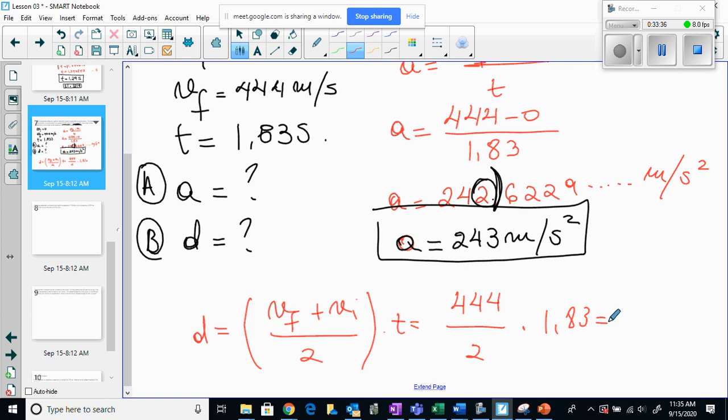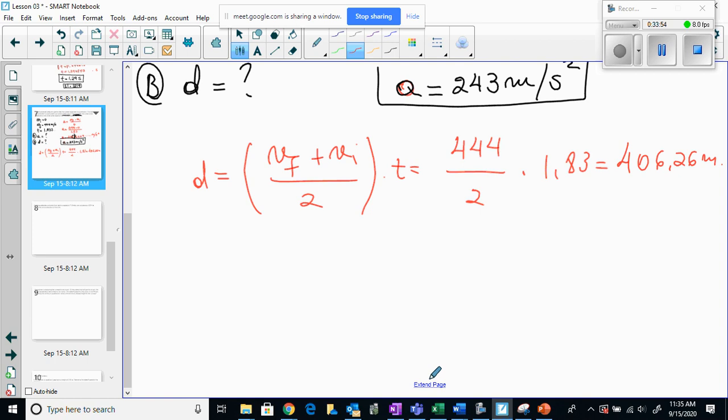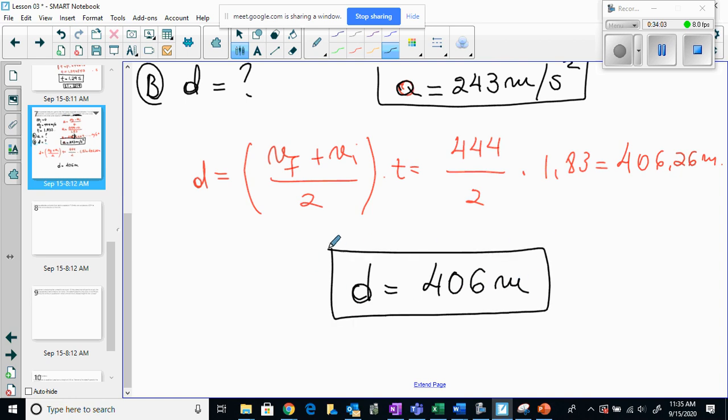So 444 divided by 2 is 222 times 1.83 is equal to 406.26 meters. The final answer should be recorded into 3 significant digits. So the final answer will be 406 meters. We do not change the last digit here because the following digit is less than 5.